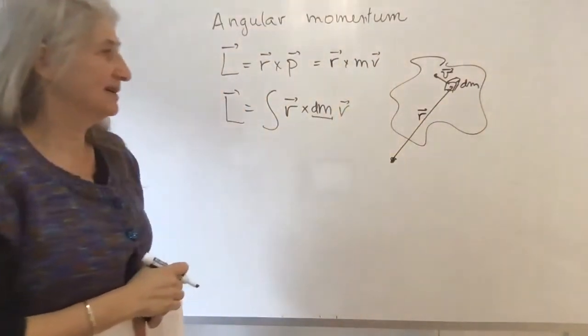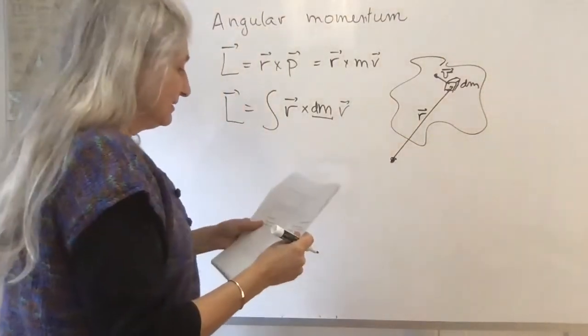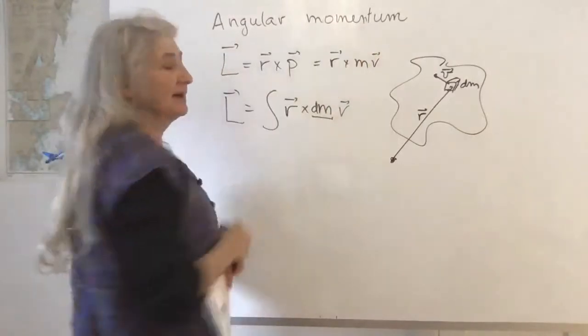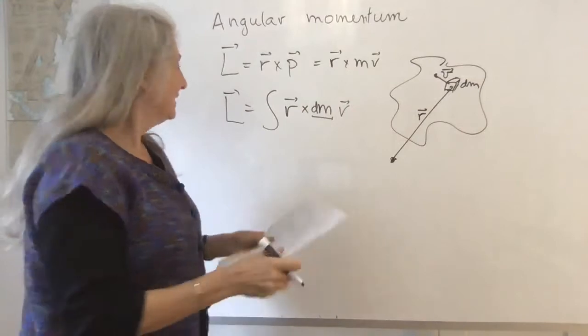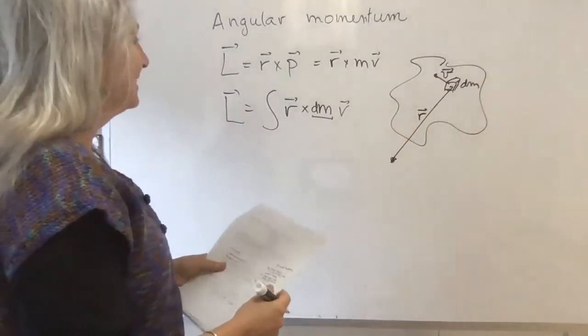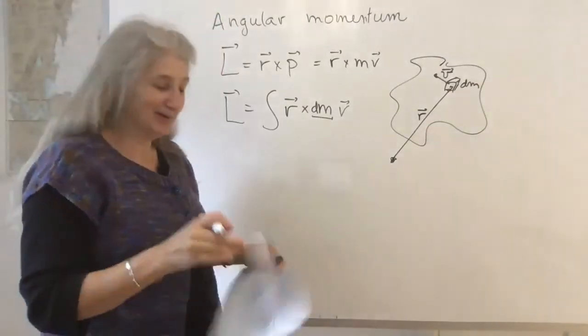So we have to specify the origin in order to do the integral. So this is what we're going to integrate up to get the total angular momentum of an extended but rigid body. And to do this, it actually helps to work with a couple different coordinate systems.